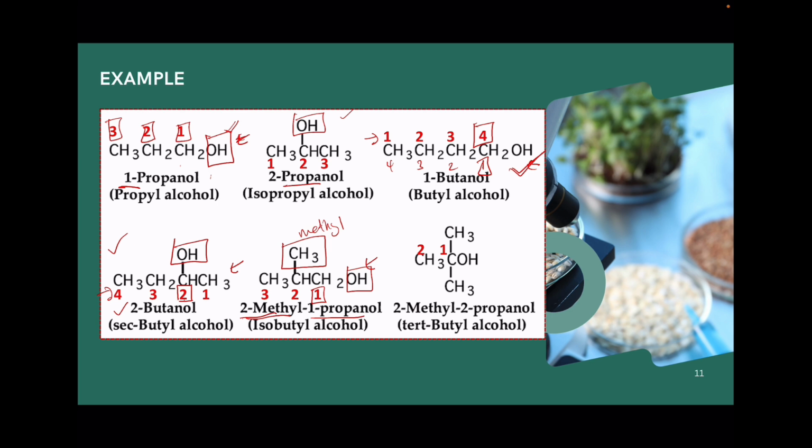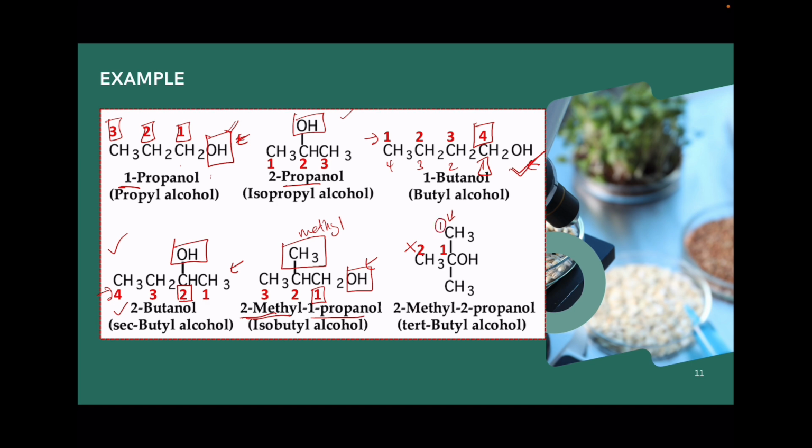First of all, we need to find the longest chain of carbon, either from left to right, or from top to bottom. So if you can see, this numbering is a wrong method, because you can still get the longest chain of carbon if you start from here.